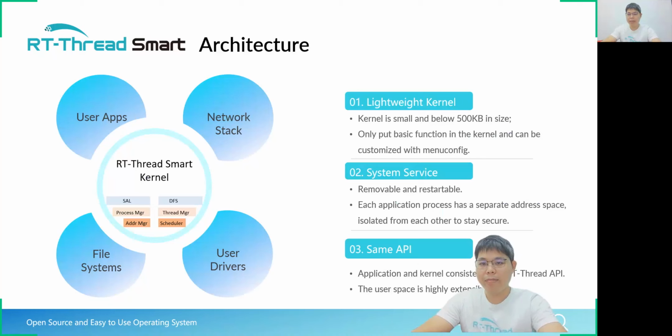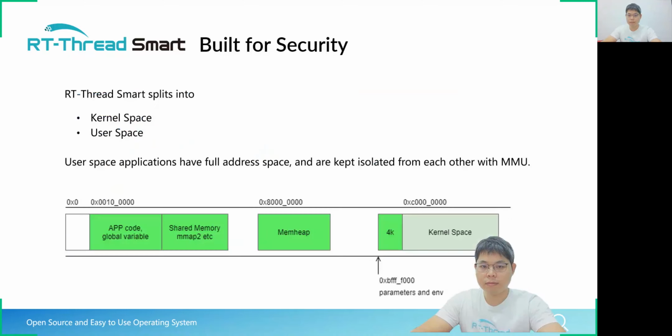For the API part, RT-Thread Smart is also compatible with the existing ecosystem of RT-Thread for both kernel mode and user mode. RT-Thread Smart pays great attention to security and safety. As you know, the whole system is divided into kernel mode and user mode.